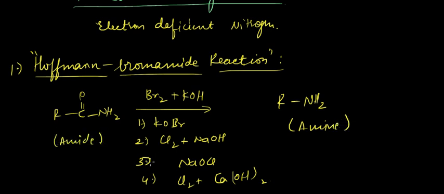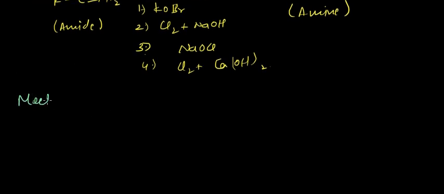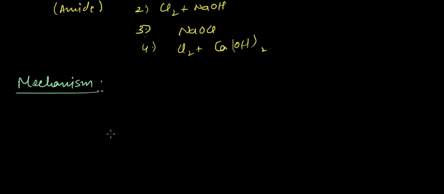Okay, so we'll see how this reaction takes place. The mechanism is something like this. We have RC double bond O NH, and we have this H. I'm just writing it separately, but internally it is the same thing.